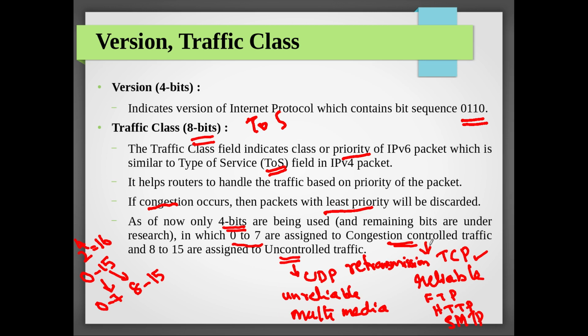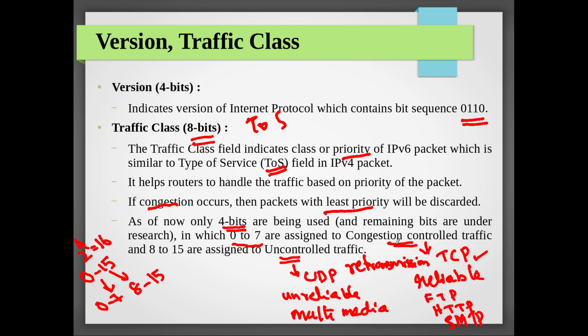So even though the intermediate routers are dropping the packet, TCP will retransmit it. Suppose again it gets dropped, again it will be retransmitted. Like that it will do the retransmission, and it will try to ensure the correct delivery of your data. But there is no such retransmission overhead if you are looking at the UDP protocol.